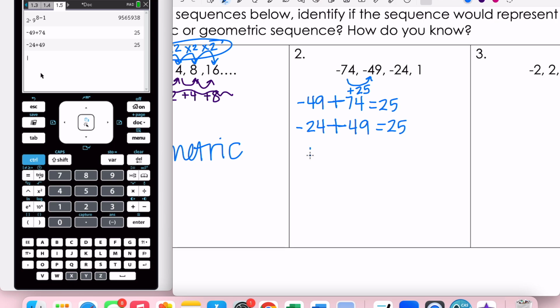Okay, one more time: 1 minus negative 24. Again, double signs means that we have to add. 1 plus 24 gives us 25. So here I'm adding 25 between each term. Because every single time I added 25 and it gave us the same output, this means that this is arithmetic.